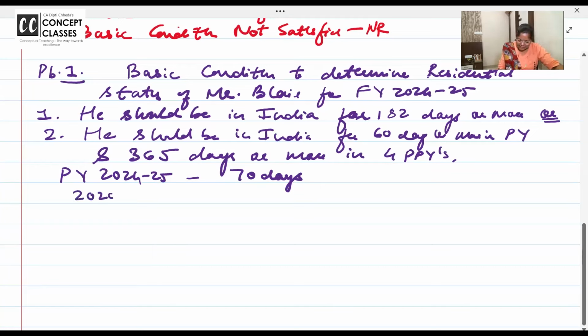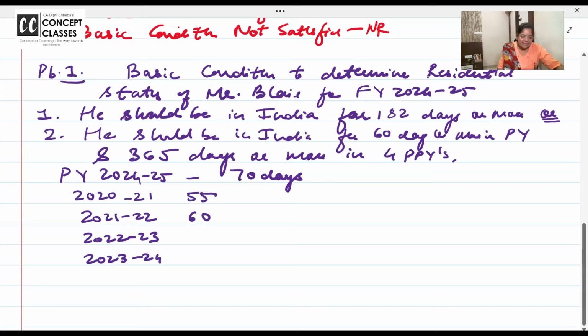Write down like this. 20-21, 21-22, 22-23, 23-24. 55-60, 80 and 160 and total. Correct.